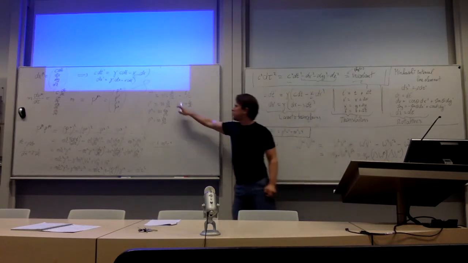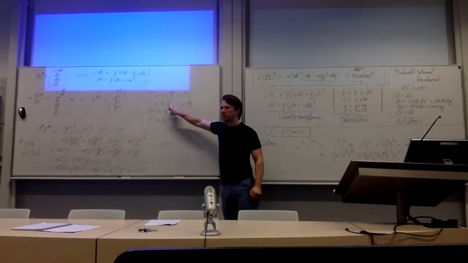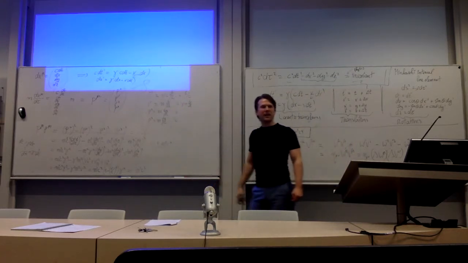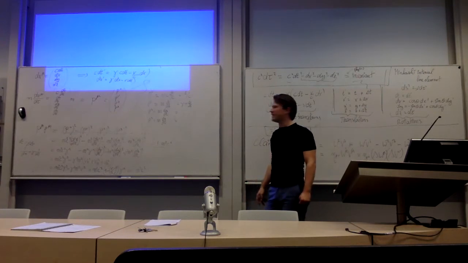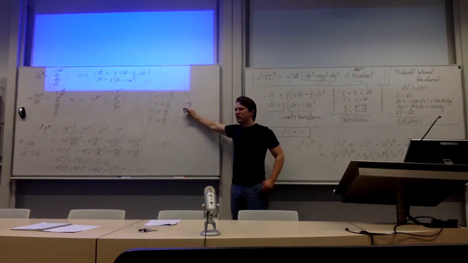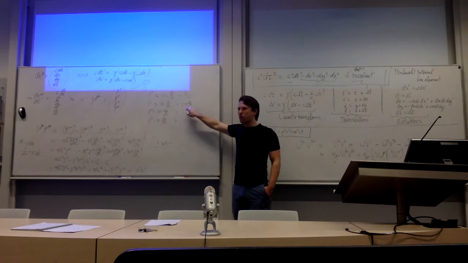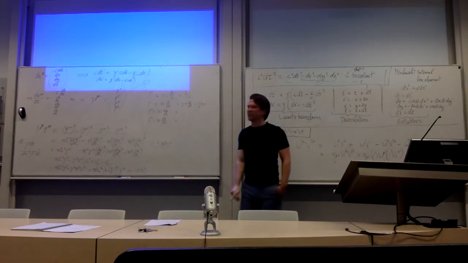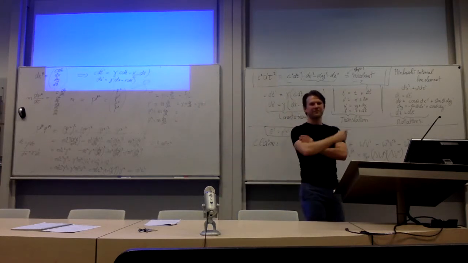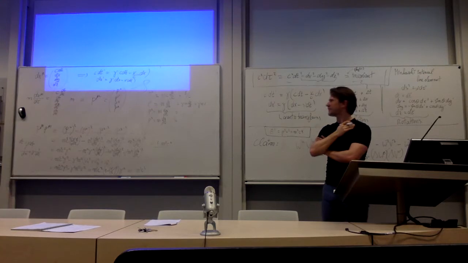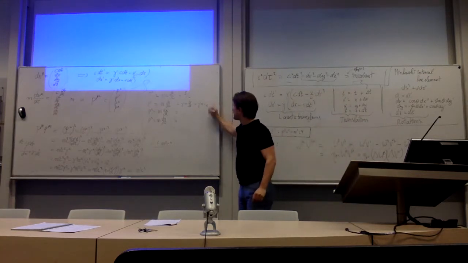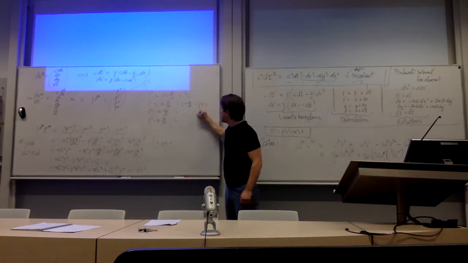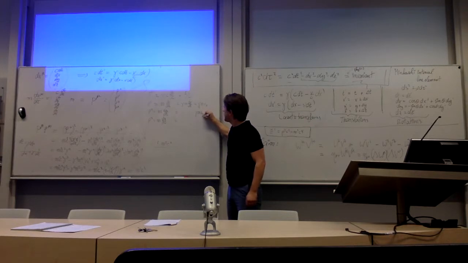I've replaced 1 over d tau using the time dilation formula as gamma times 1 over dt. And now we have mass times an actual velocity. So it gives us gamma times mv in the x direction. And in very much the same way, this is gamma times m vy, and this is gamma times m vz.